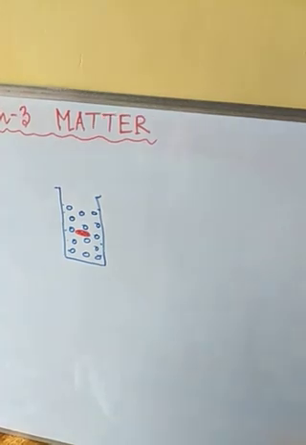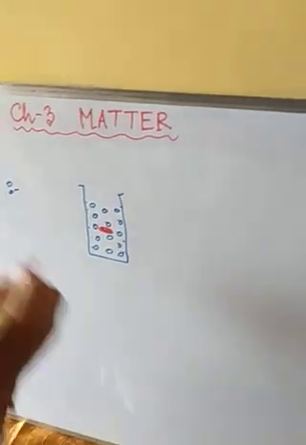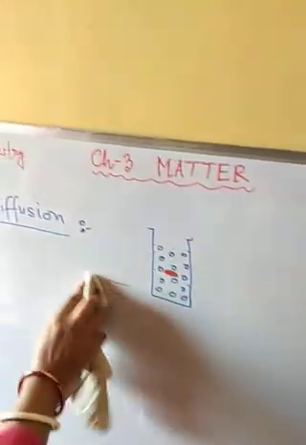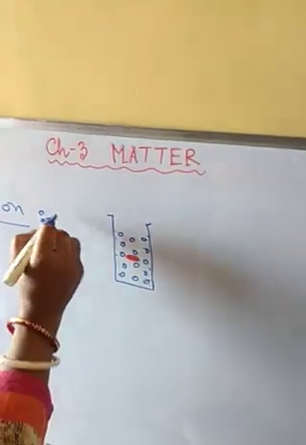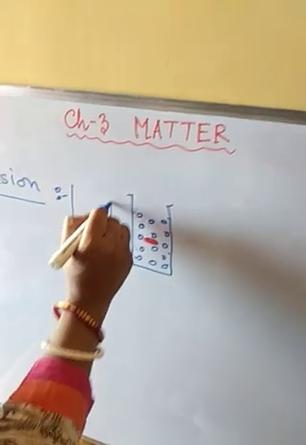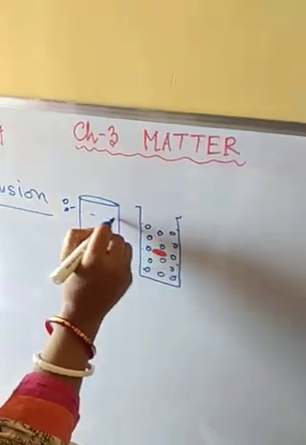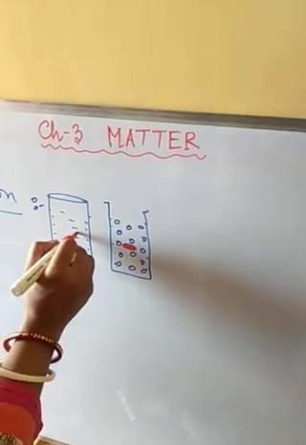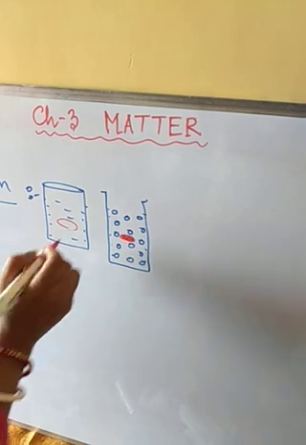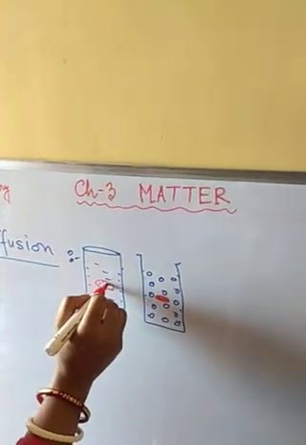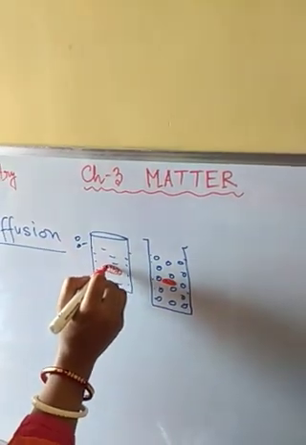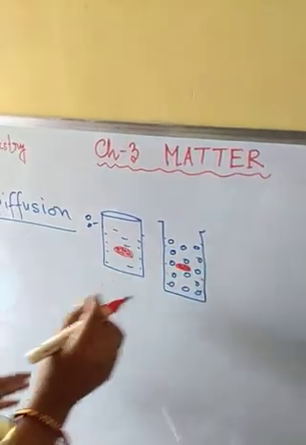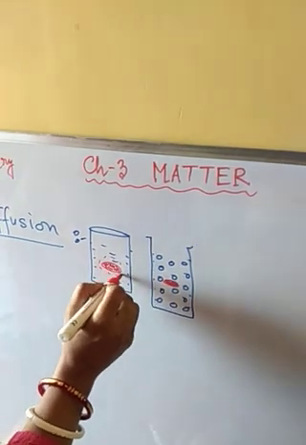Okay, like this, the beaker will look like this. Here we will be dropping the ink. Slowly this will spread in this manner.